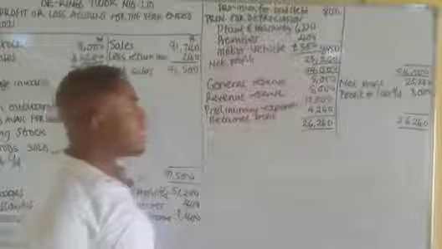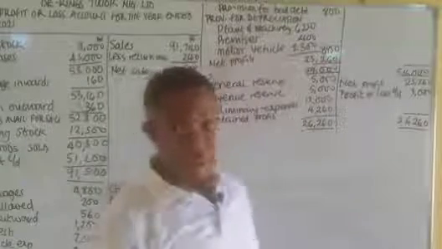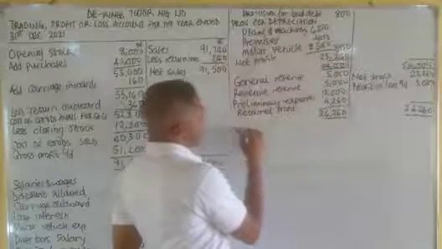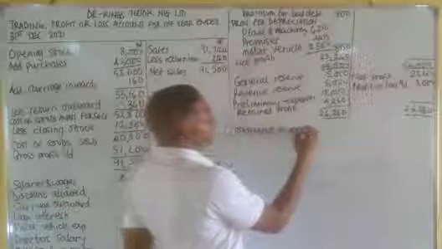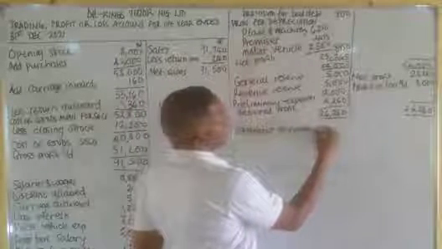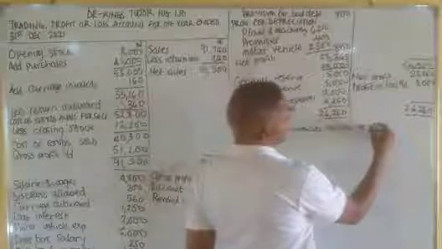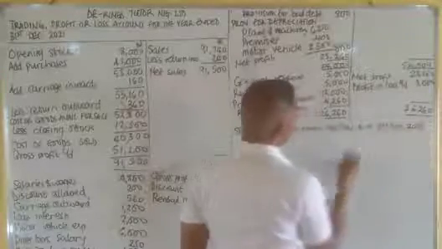Now let's see the balance sheet. Now let's prepare the balance sheet. So it will be statement of financial position as at 31st December 2021.